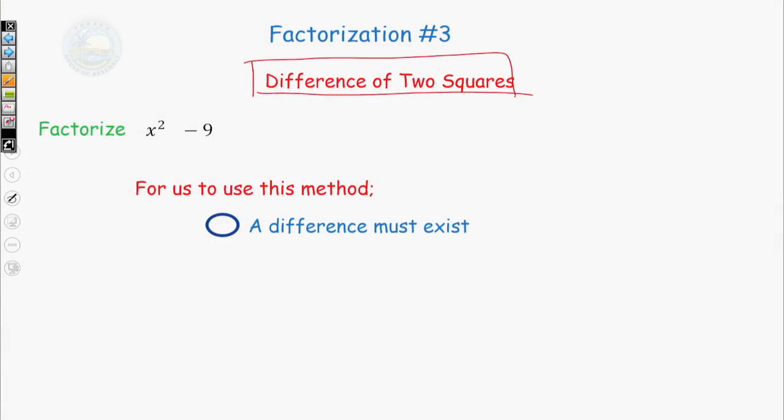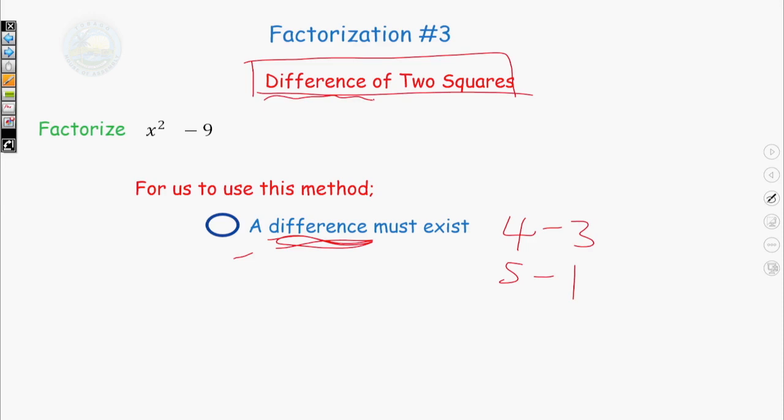In mathematics, when we say difference, what we mean is that some subtraction is taking place. Difference, 5 minus 1. The difference between 4 and 3. The difference between 5 and 1. With a difference, subtraction must be occurring. So when we say differences of two squares, there must be a subtraction of two what? Of two squares.